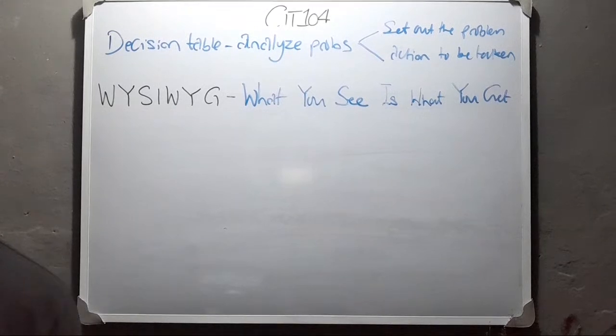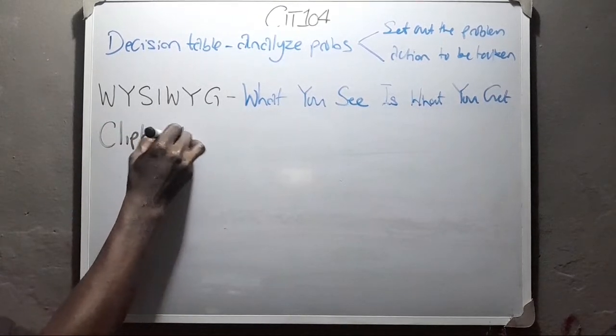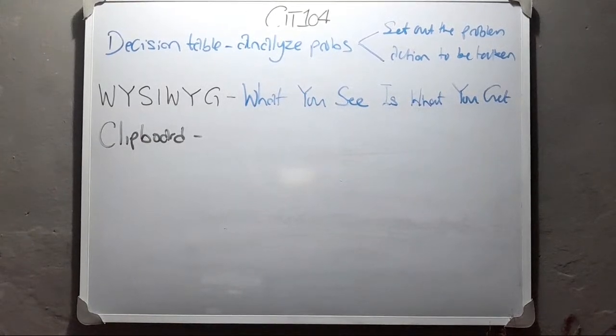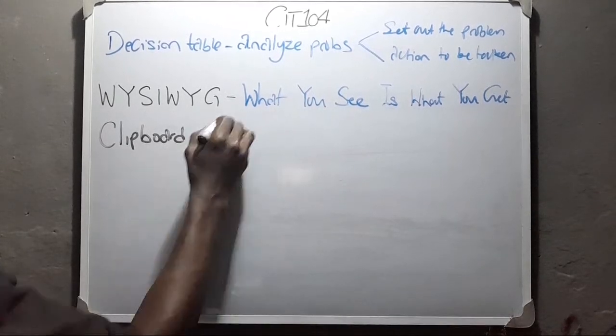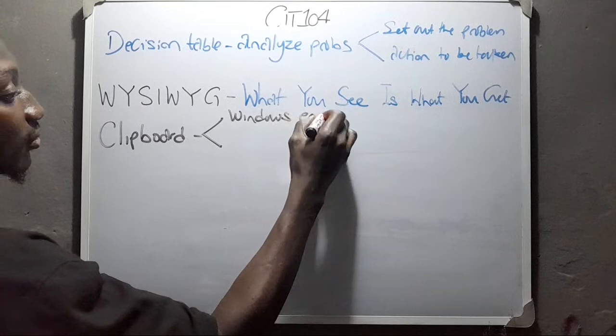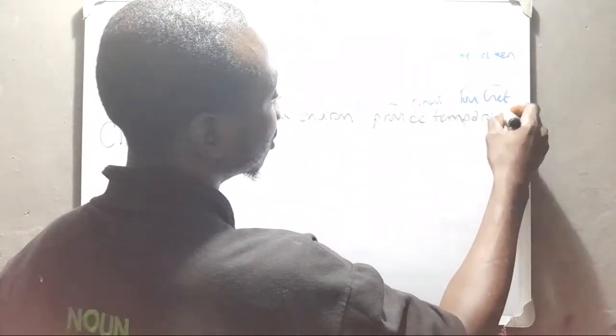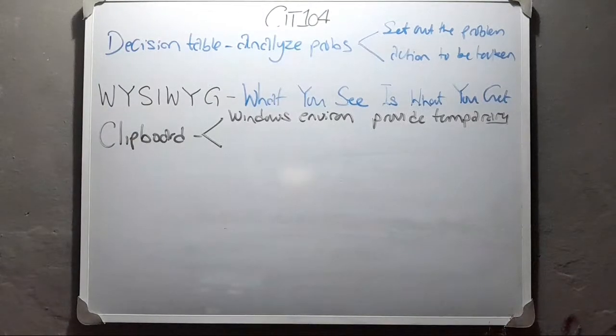Now, let's take note of what we call the clipboard. The clipboard is the Windows environment that provides temporary storage. Maybe sometimes you save something, you see it on your phone, on your system, saved to clipboard.